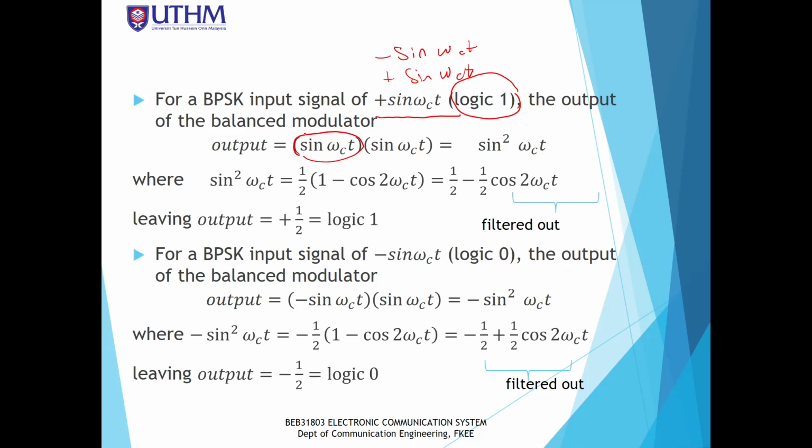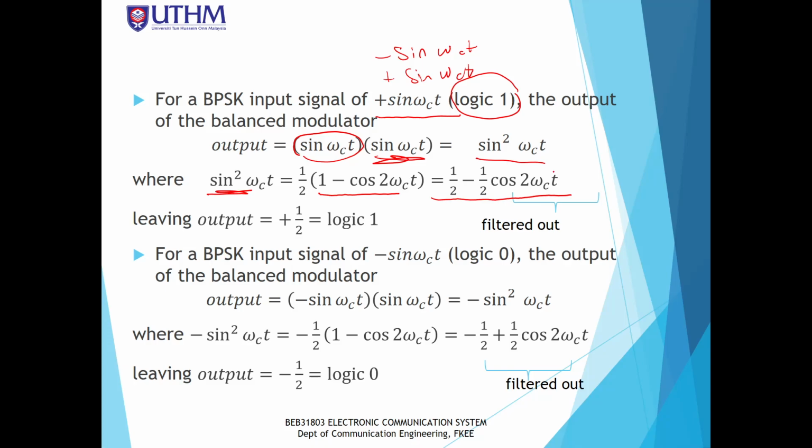For example, the input is a positive sine, and this is the carrier. When we multiply the two, we produce sine squared. According to the trigonometry identity, we produce 1 over 2, 1 minus cos 2 omega ct. So we produce 1 over 2 minus 1 over 2 cos 2 omega ct.